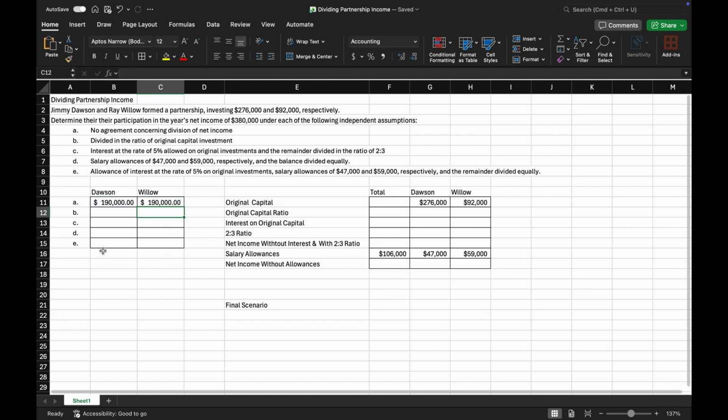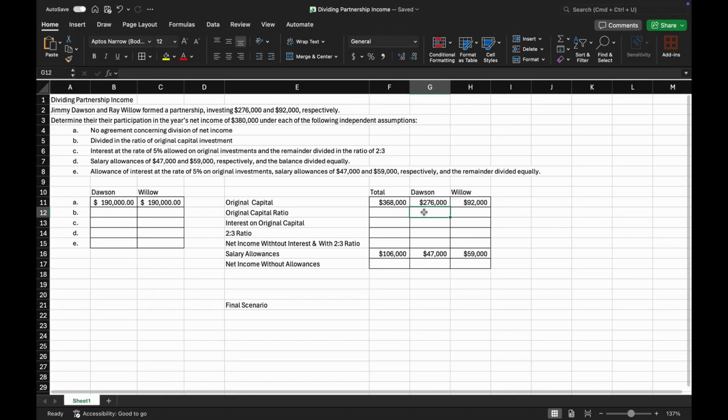For B, we must first find the ratio of the original capital investment. To do that, first add $276,000 and $92,000 together, which comes out to $368,000 for the total original capital investment. Then we must divide each investment by the total.